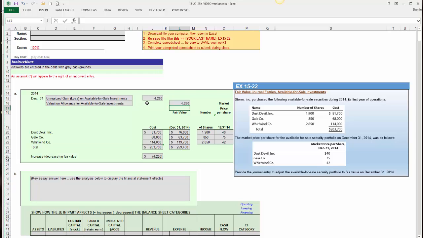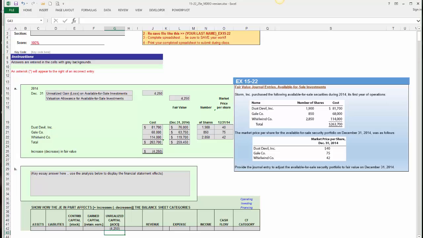The unrealized loss, it's a loss because it has a debit balance account, will affect unrealized capital, or AOCI, accumulated other comprehensive income, and because there is a debit to this credit balance account, we will enter that value as a negative amount. The credit to the valuation allowance account would be like crediting the investment account.